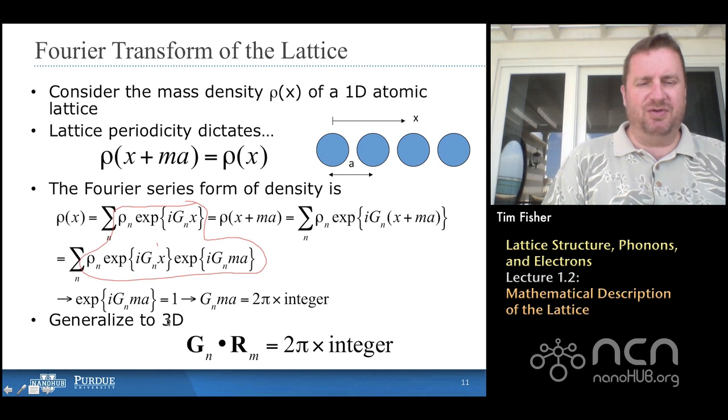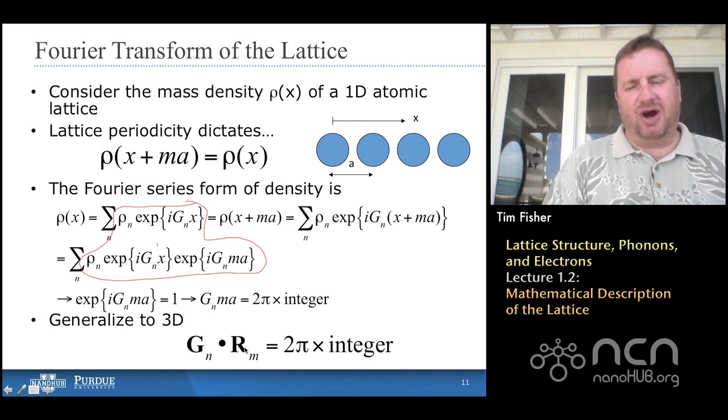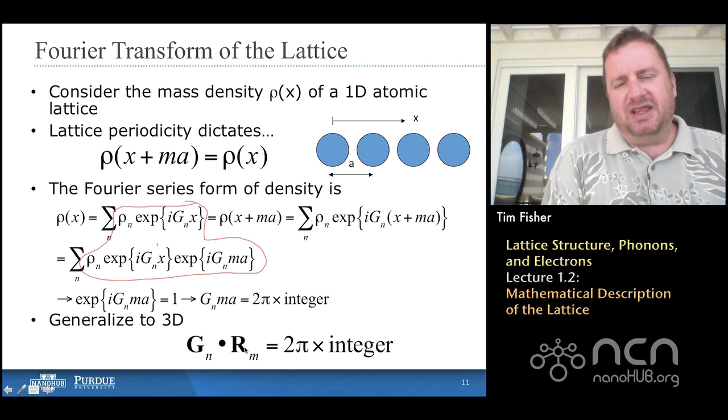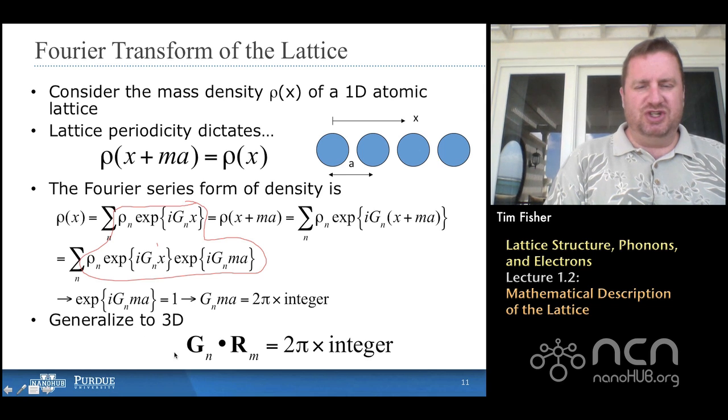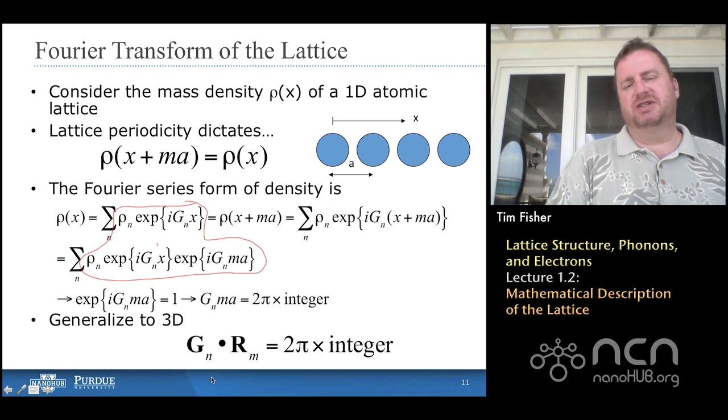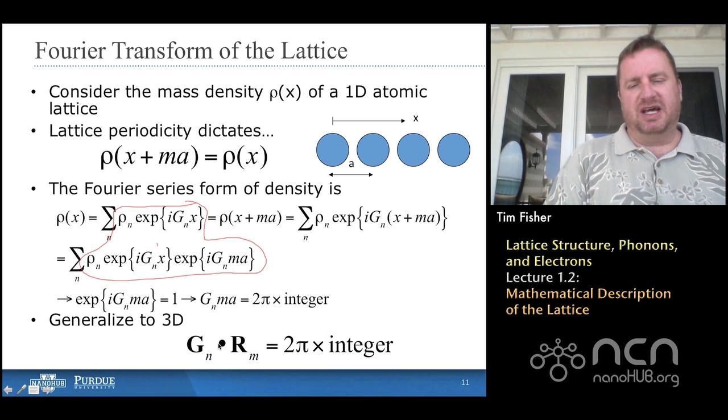If we generalize this to 3 dimensions, then g dot r, where r was that Bravais lattice vector that went through all of space, must be 2 pi times an integer. So we have this new term g that comes from our Fourier series, and when I take a dot product of that with my real space lattice vector r, it must be 2 pi times an integer.